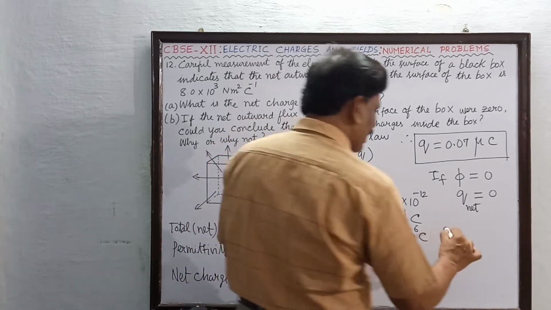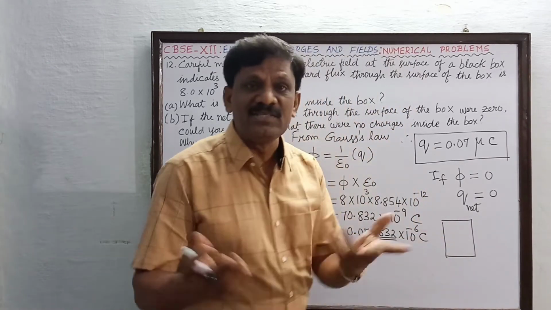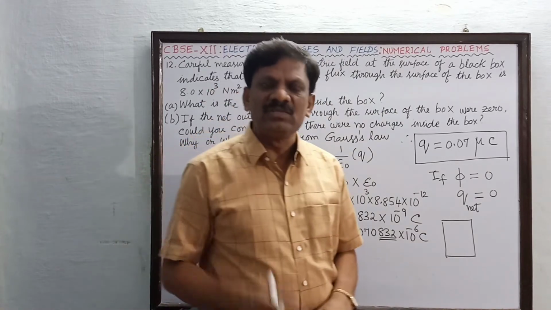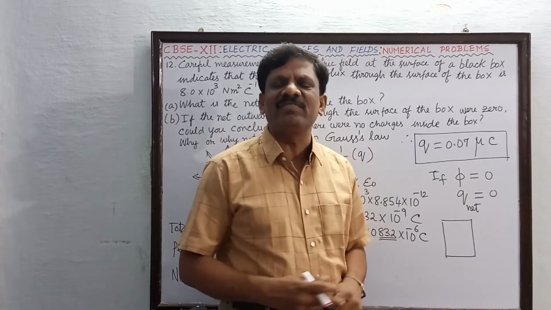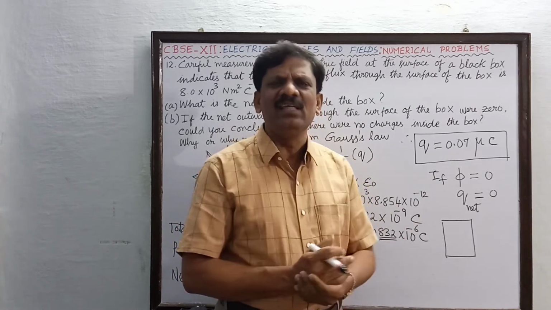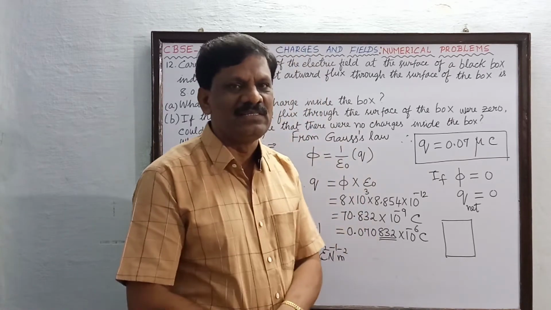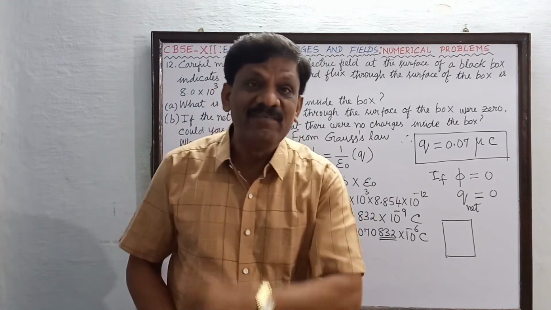Say for example, I will take a box and inside there is no charge. When there is no charge, what will be the flux coming out of the box? 0. If Q is equal to 0, definitely 100% we can say that the flux phi also is equal to 0. But does it mean always?